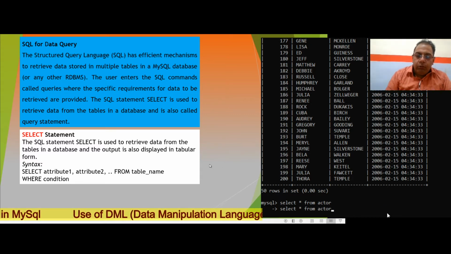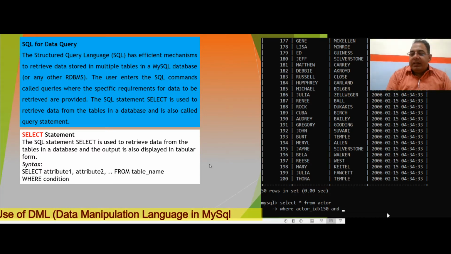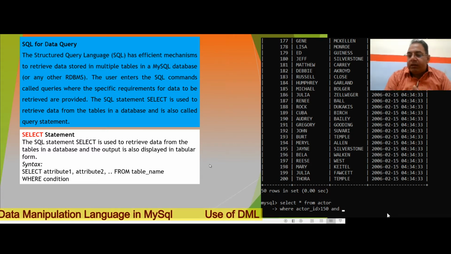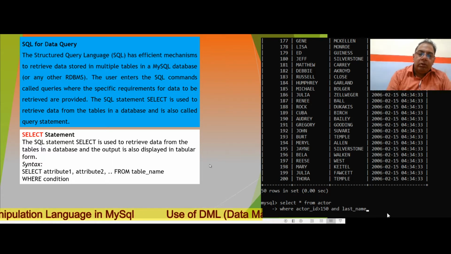Here I am using the and clause, which is further discussed. It will display the record if both the conditions are true, like last_name equal to Close.